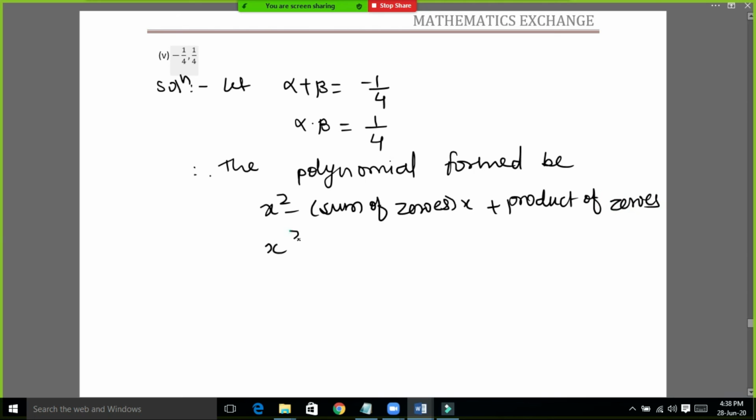So x square minus sum of zeros, which is minus 1 by 4, into x plus product of zeros, which is 1 by 4. So minus minus becomes plus: x square plus 1 by 4 x plus 1 by 4.